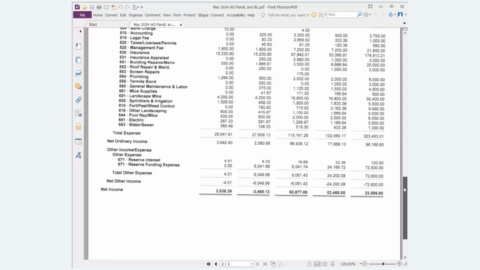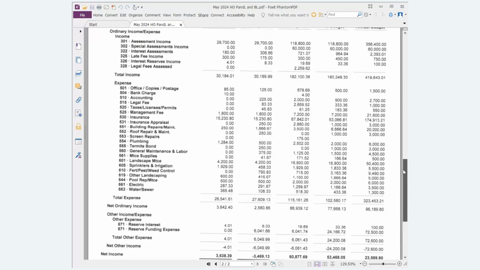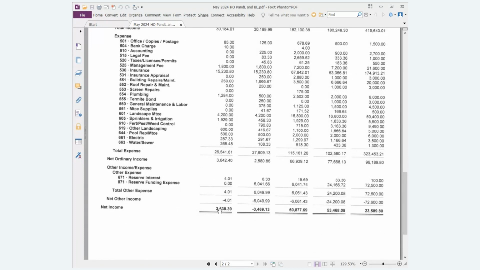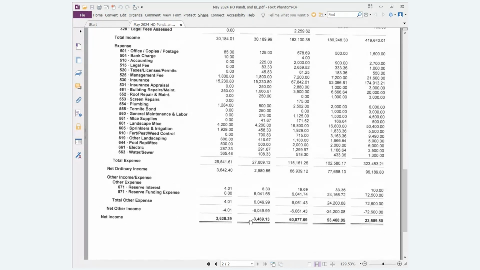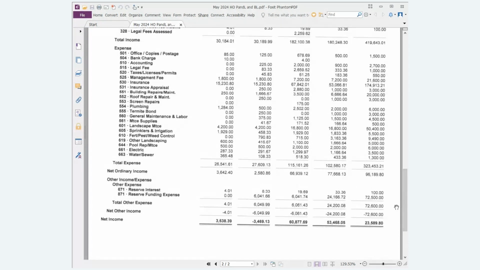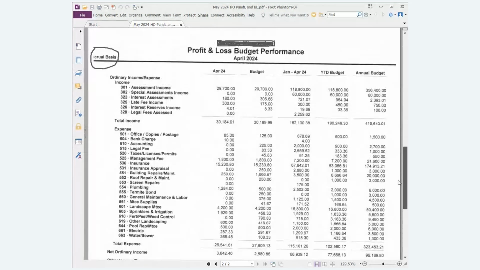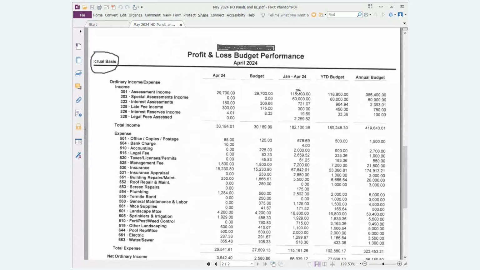So that is pretty straightforward. Here's the number for the month. And this is what they anticipate for the budget. Let's go up here. This is the budget for the period, for the month.